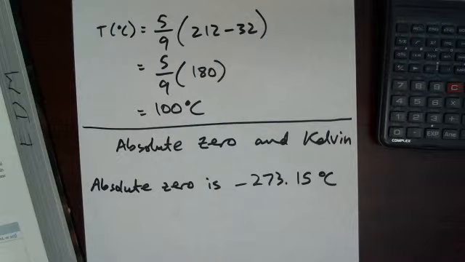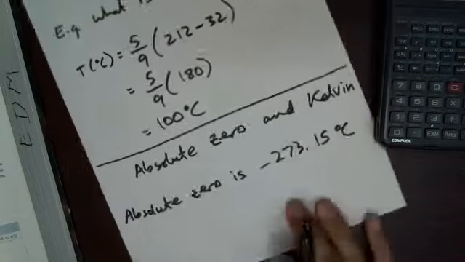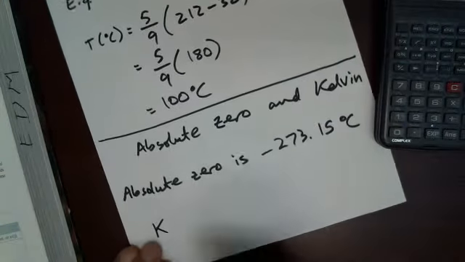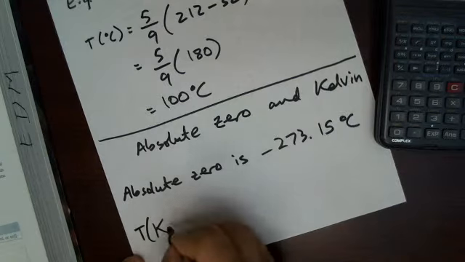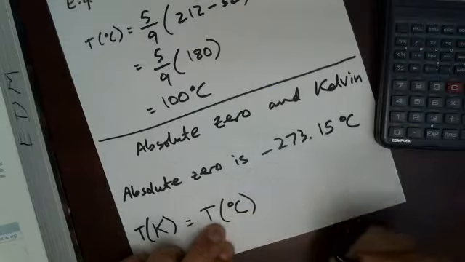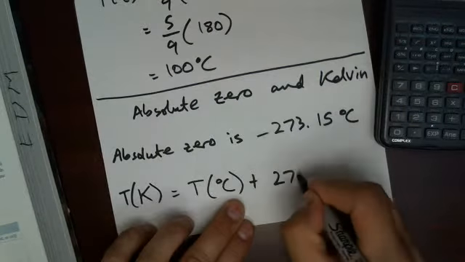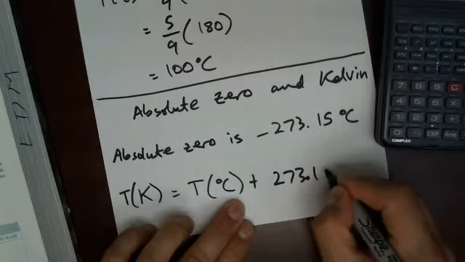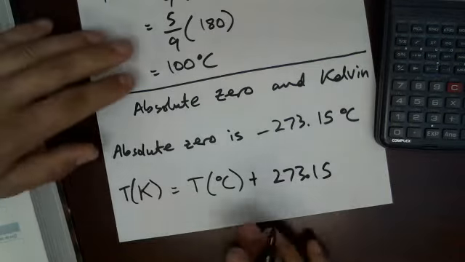Well, with the Kelvin scale, you look at zero being absolute zero, but then you go up in the same step gap, if you like, as degrees. So the temperature in Kelvin equals the temperature in degrees C plus 273.15.